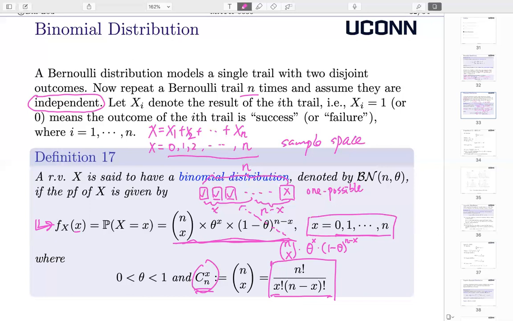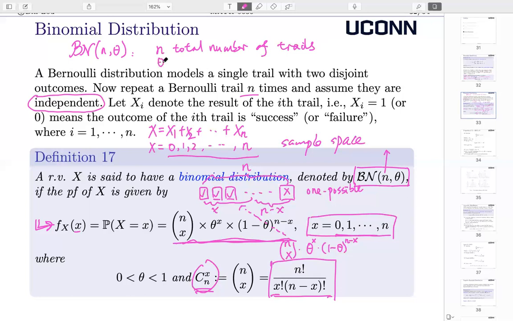The notation is here. B stands for binomial distribution, and the first parameter is the total number of trials. So let me write it here, binomial distribution n theta. Here n is the total number of trials.